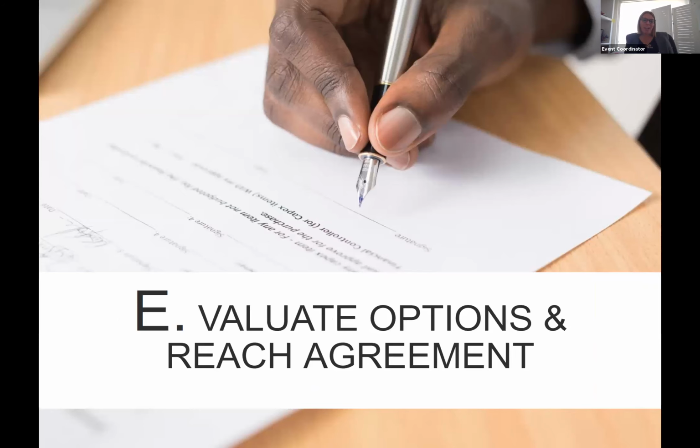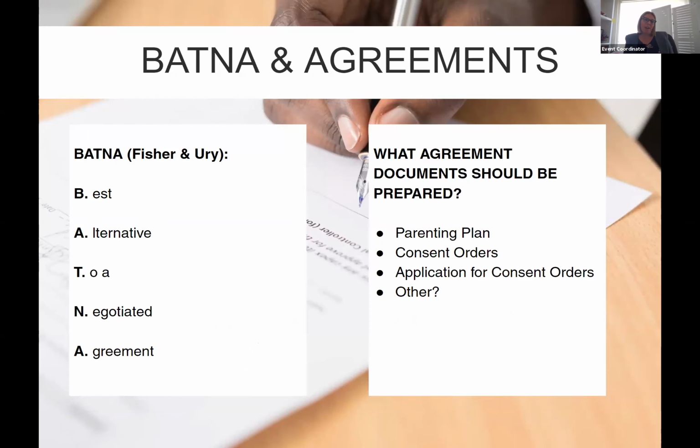Lastly, evaluating options and reaching an agreement. When evaluating options, there's the BATNA principle from Fisher and Ury: what is the best alternative to a negotiated agreement? As I said earlier, you might have had advice that 55% is the fair range, or you should have 4 nights a fortnight with the children, etc. But what does that actually look like in practice?